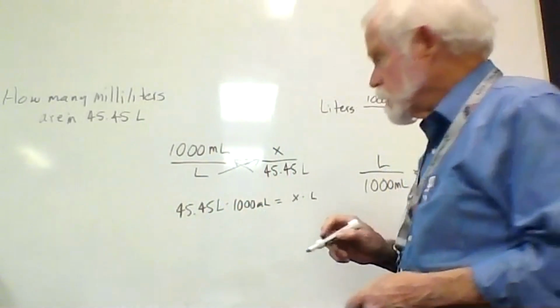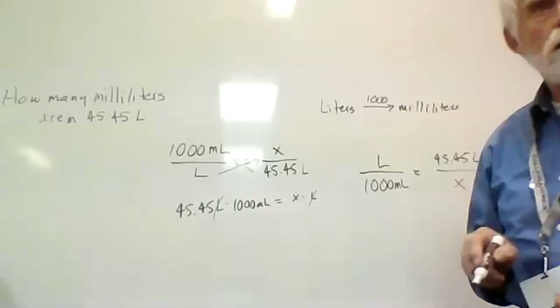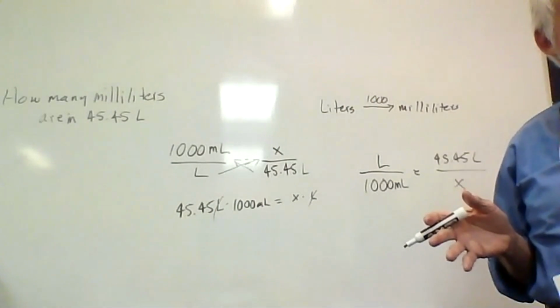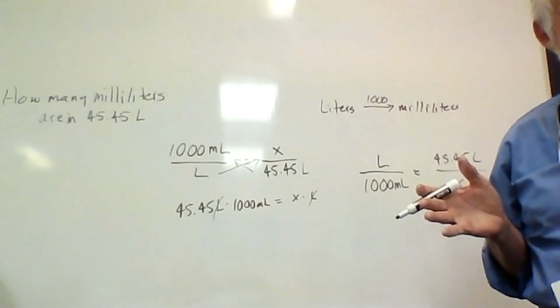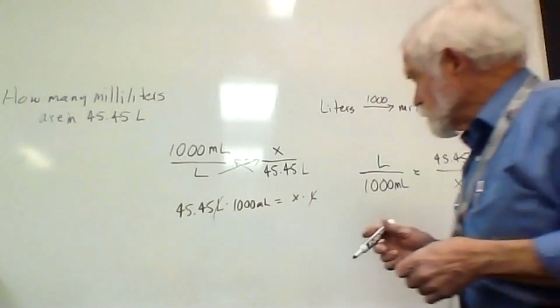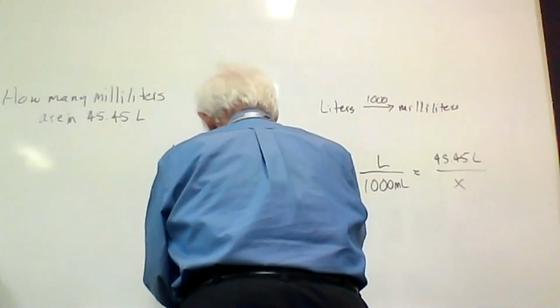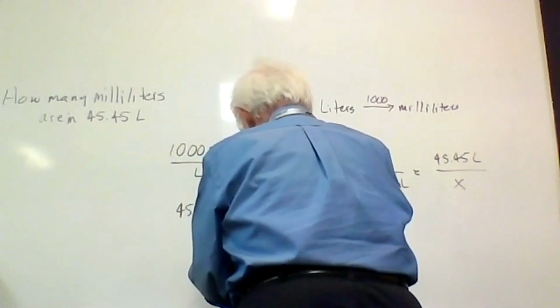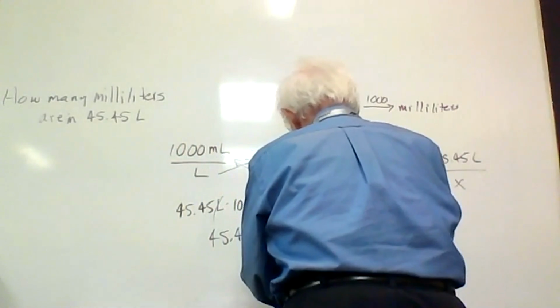We divide first by the liter to get rid of that. Remember, anything we divide, we divide on both sides of the equation. So now we have 45.45 times 1,000 milliliters equals X.